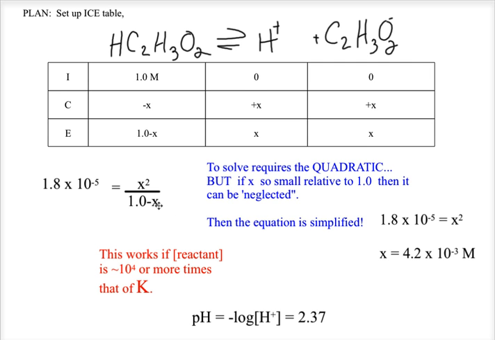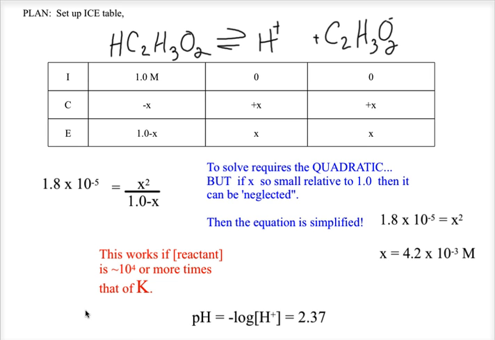So this problem actually simplifies to x squared over 1.0, as shown over here, which makes your mathematics very easy. Looking at the numerical value of x, you can see that number is small relative to the original concentration, so there are very few hydrogen ions. I bet you could have seen how to get to pH from there: the negative log of the hydrogen ion concentration.